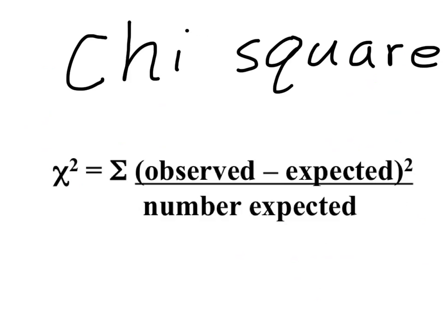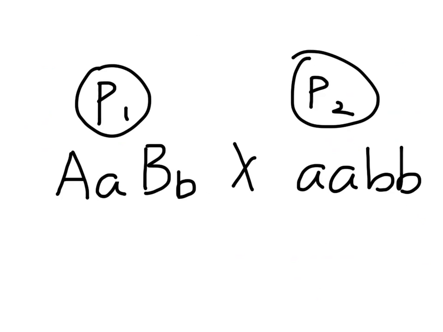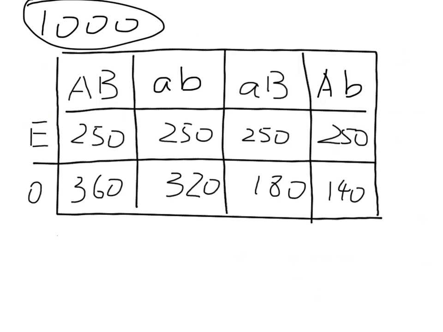For example, we cross a parent with genotype big A little a, big B little b, with another parent with genotype little a little a, little b little b, and we get 1,000 individual offspring. Expectation, we should have 250 individuals for each phenotype, but in fact we didn't get this number.